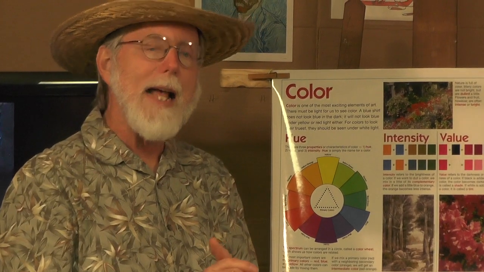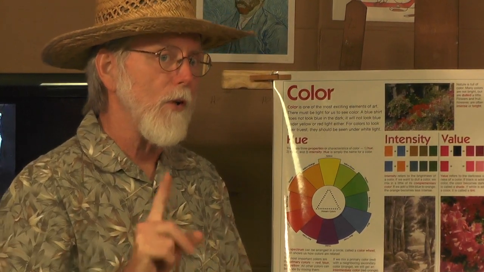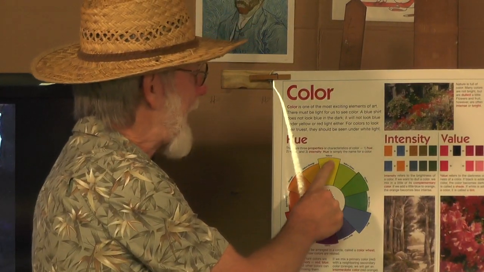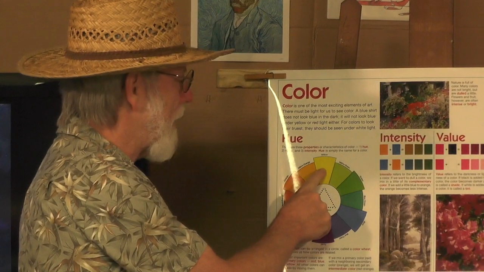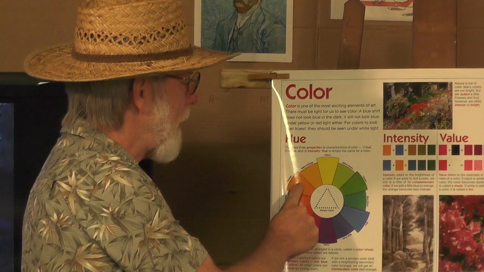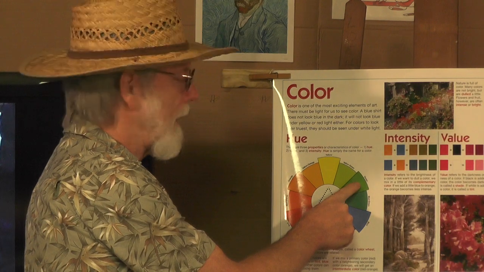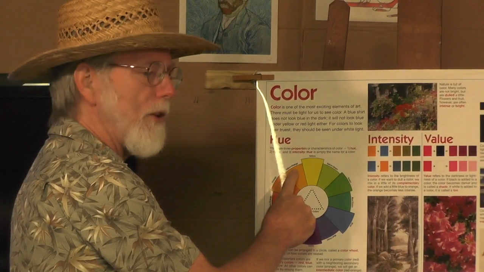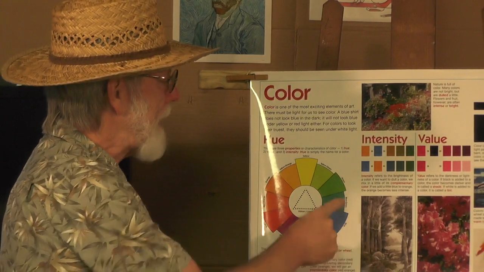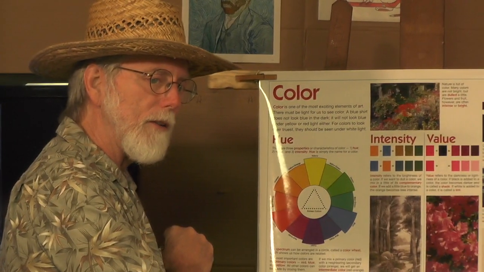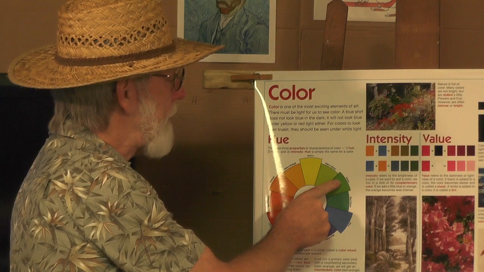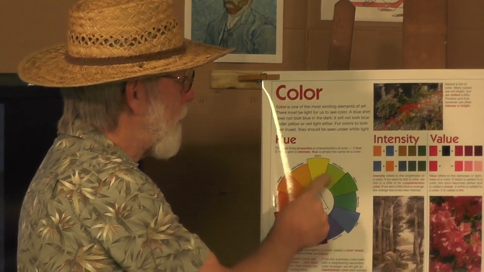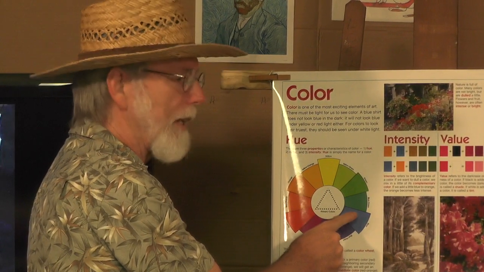Now, analogous are your neighbors. For instance, if I chose yellow to be my main color, I could use orange and green. Those are my neighbors. Of course, I can use yellow, green, and yellow-orange as well. But let's say if I use green as my main color, then I can use green, yellow, and blue. That's analogous.